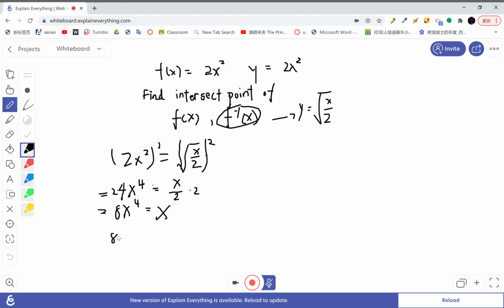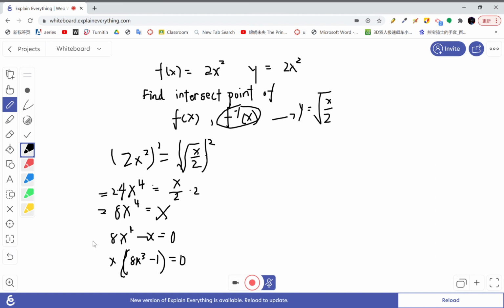And then turn this into a polynomial. We can factor this as x times 8x cubed minus 1 equals 0.